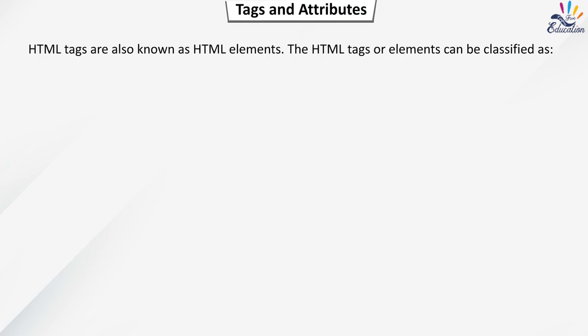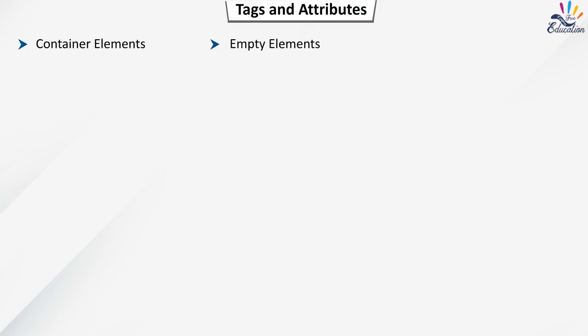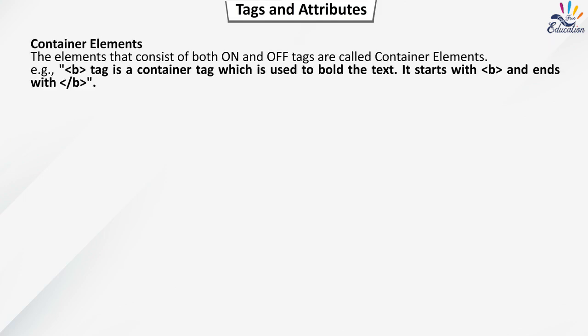The HTML tags or elements can be classified as container elements and empty elements. Container elements. The elements that consist of both on and off tags are called container elements. Example, the <B> tag is a container tag which is used to bold the text.